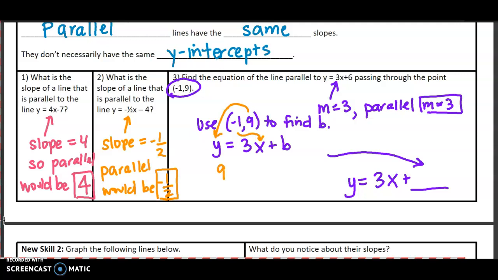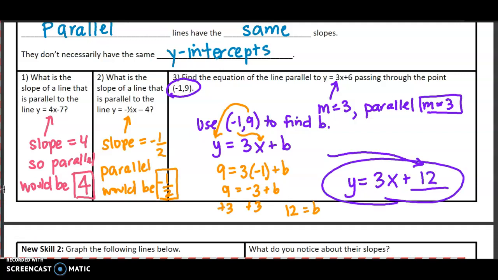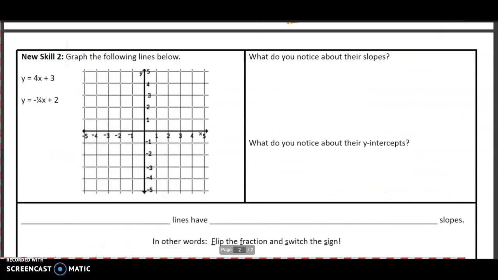So 9 equals 3 times negative 1 plus b. 9 equals negative 3 plus b. Add 3 to both sides, and you get 12. So 12 is your y-intercept for your equation. So what goes in the missing space is 12. So y equals 3x plus 12 is your final equation for a line that is parallel to y equals 3x plus 6, but goes through the point (-1, 9). All right, that's parallel lines.